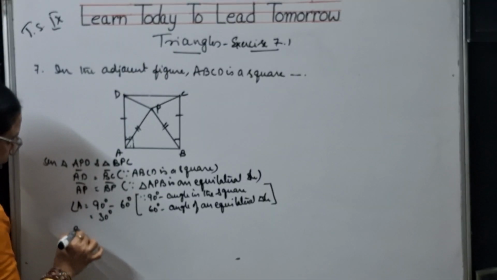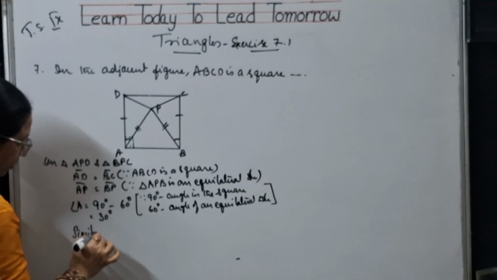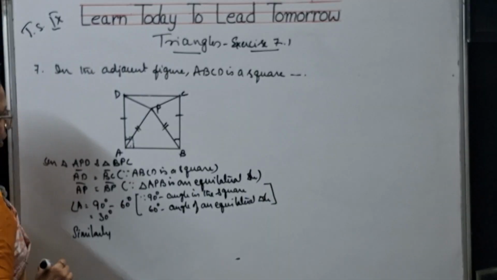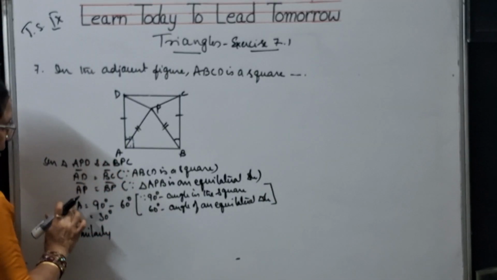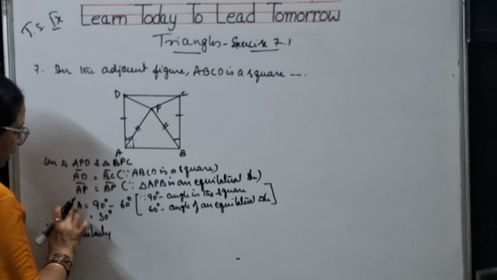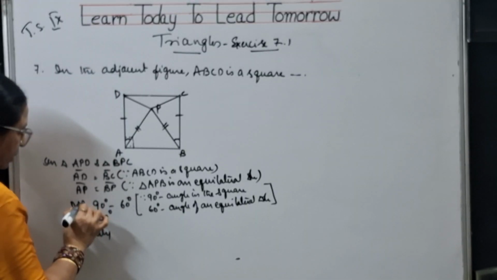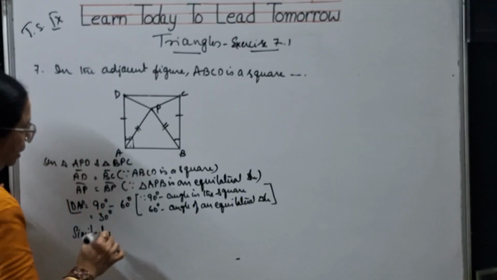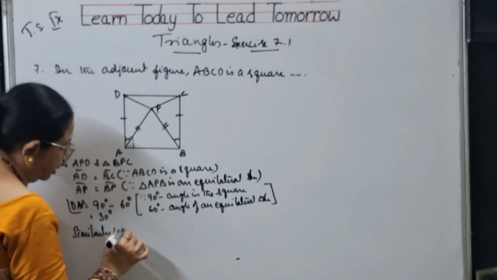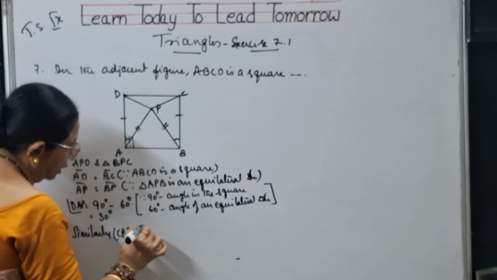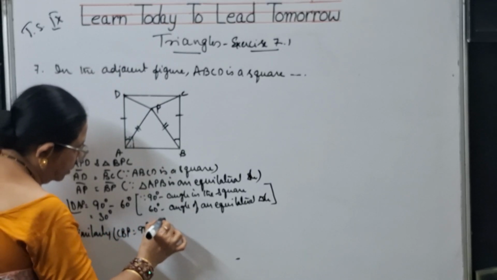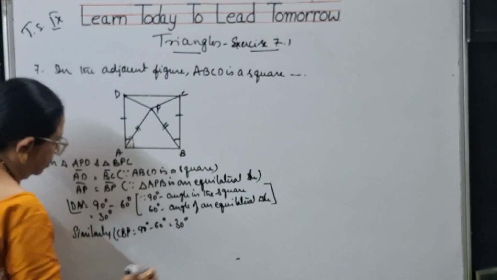And similarly, here angle A means angle DAP. I'll write angle DAP. Similarly, angle CBP is also equal to 90 degrees minus 60 degrees, that is 30 degrees.